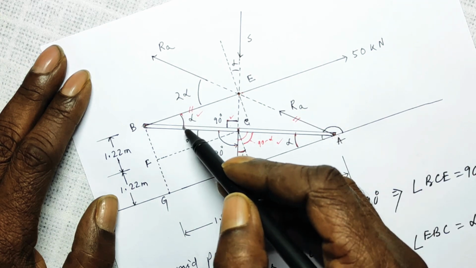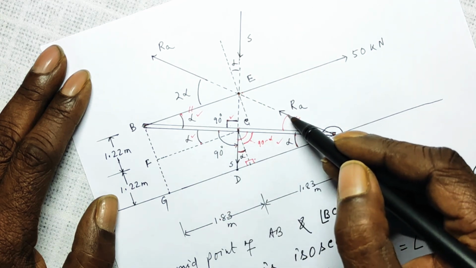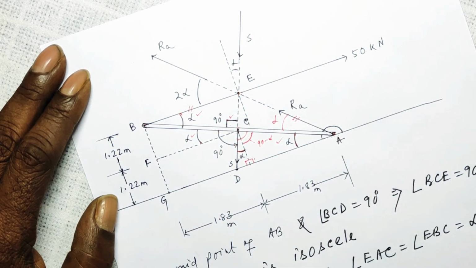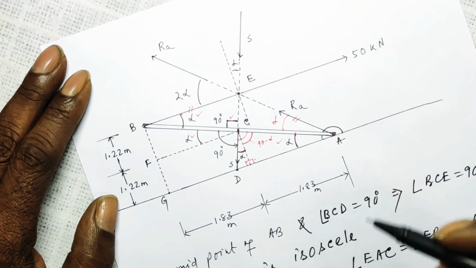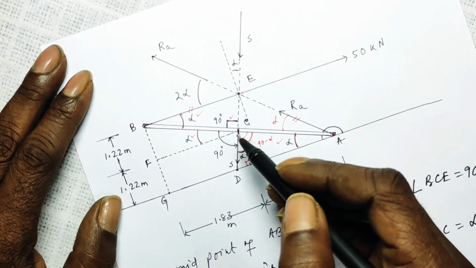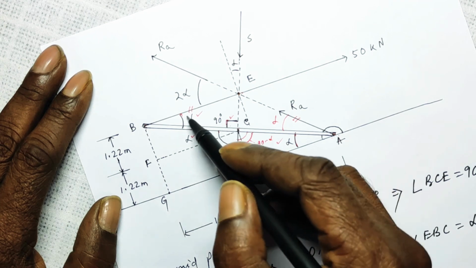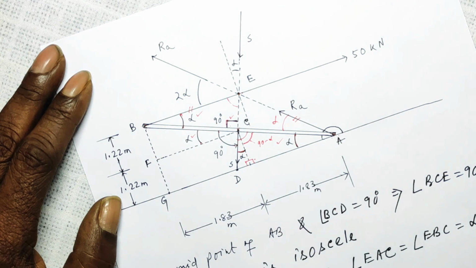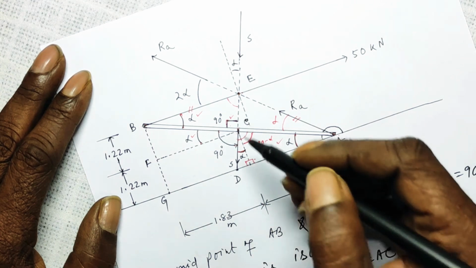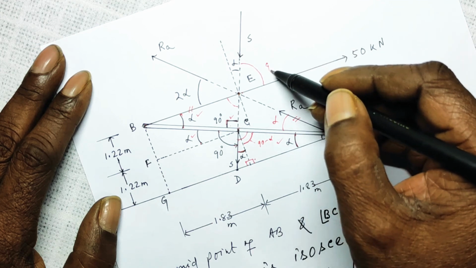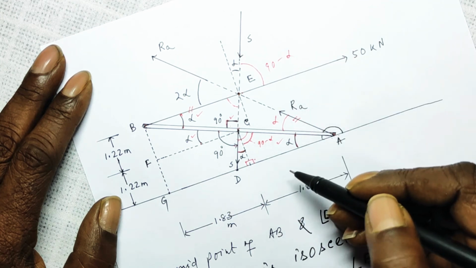Since this angle is alpha, this will also be alpha. Now, how is this angle alpha? Look, here this is 90, this is alpha, therefore this is 90 minus alpha. This will be 90 minus alpha, being vertically opposite.